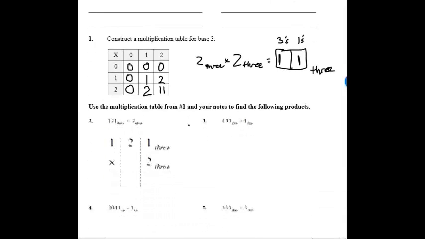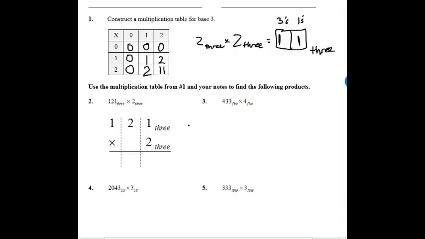So we're going to use that to multiply 121 base 3 and 2. 1 times 2, you get 2. 2 times 2, we get, well, it's a 2-digit number, so it's a 1. Carry the 1.